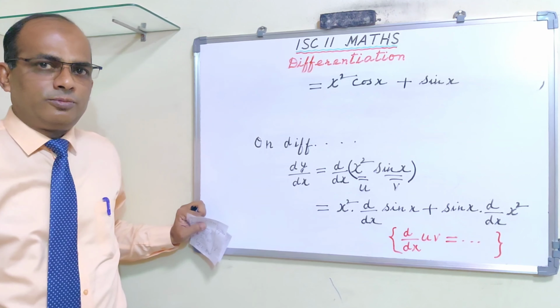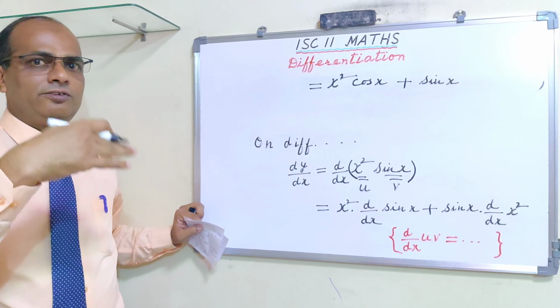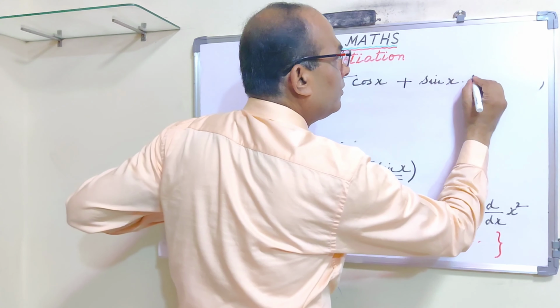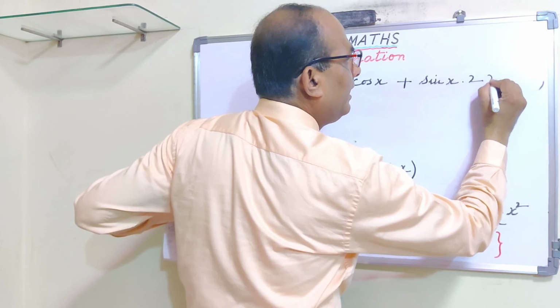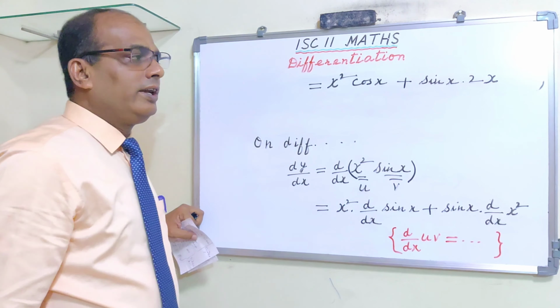Using the formula d dx of x raised to the power n is n x raised to the power n minus 1, n is 2, so 2x, and 2 minus 1 is 1, so that we don't write.